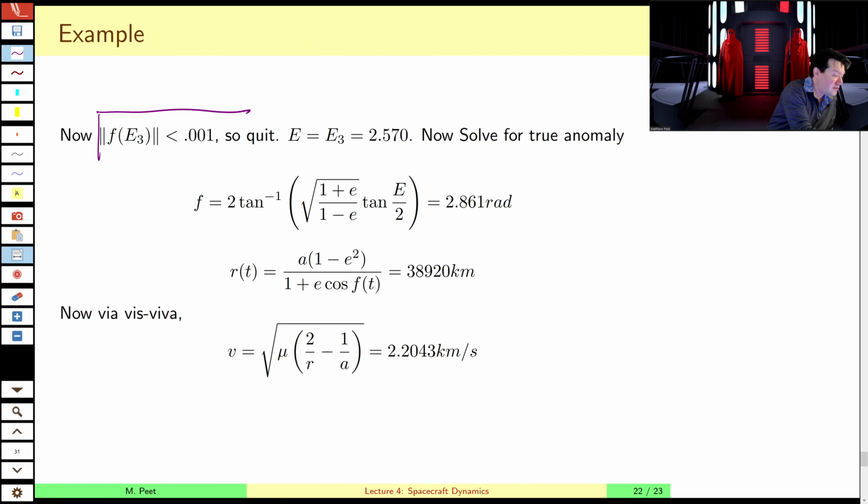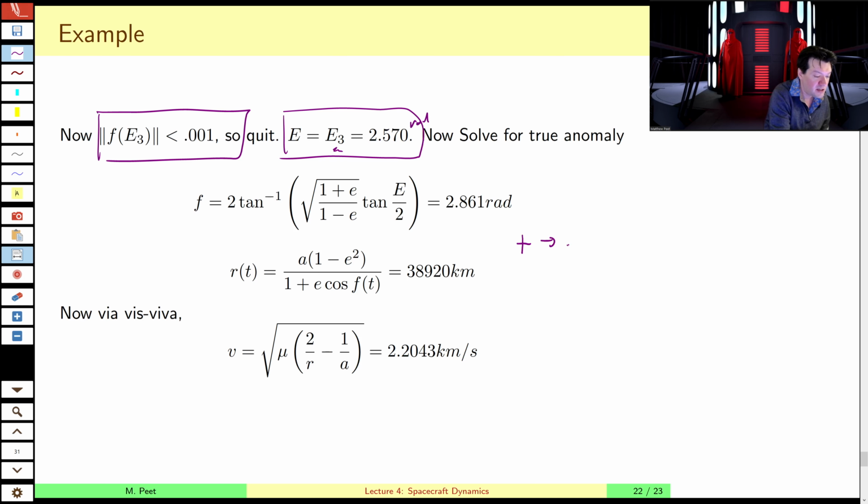So now we have that the error from iteration 3 is within our tolerance, and so we're going to stop now. We're going to set our guess that the eccentric anomaly is 2.57 radians, and we're going to continue with our process now.